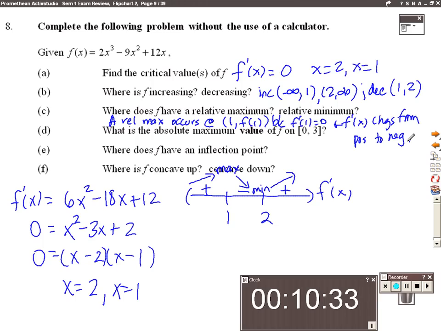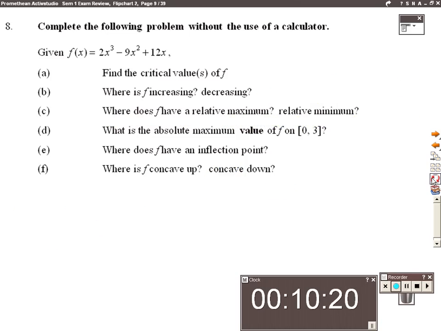Letter D, what is the absolute maximum of f on the closed interval 0 to 3? Alright, I'm going to get rid of the work I've done so far to create some more space. Letter D is telling us to consider the extreme value theorem.